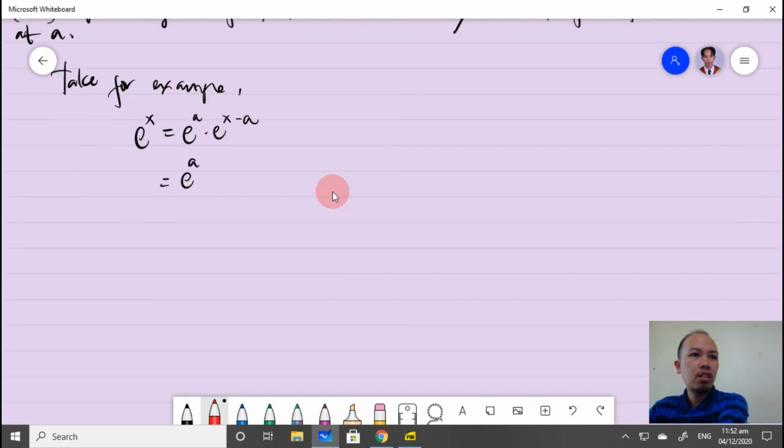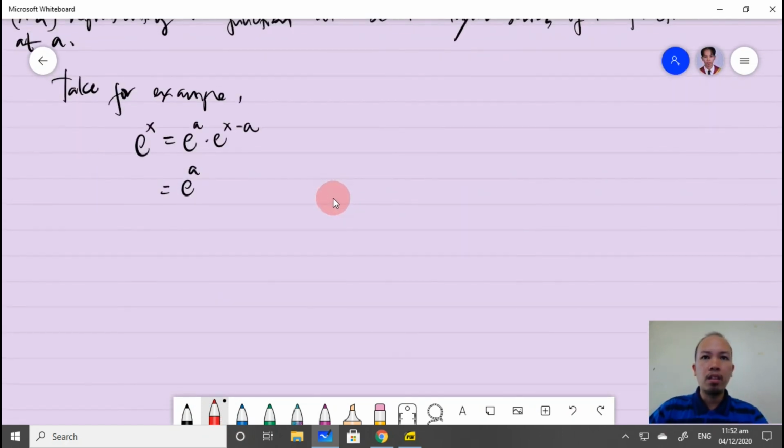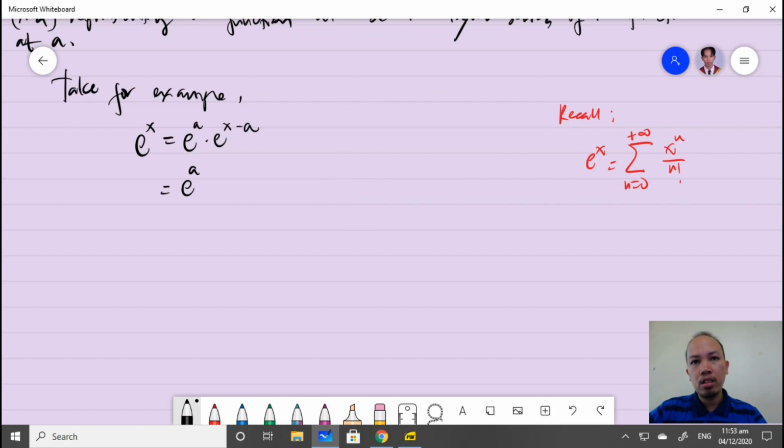Recall that e to the x is equal to the summation of x to the n over n factorial, where n starts from 0 to positive infinity.